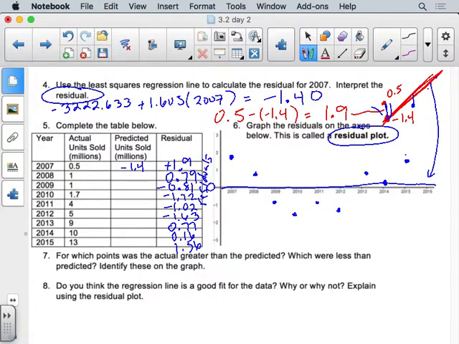Okay, so the residual plot doesn't tell me if the graph is negative or positive. It does tell me though, are values missing high or low, where are they at?